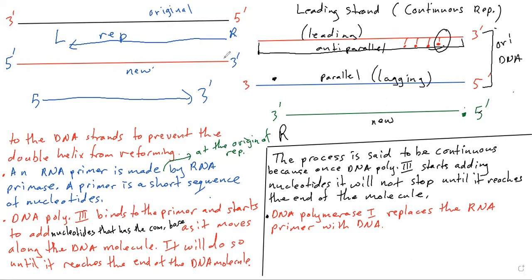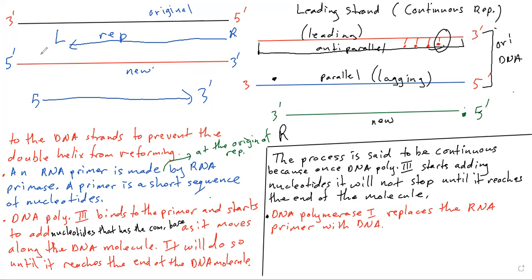But because your original strand and the new strand would be parallel to each other, we cannot have that taking place. And so the new strand that is being made is still 5' to 3'. However, it is going against the direction in which replication is taking place.